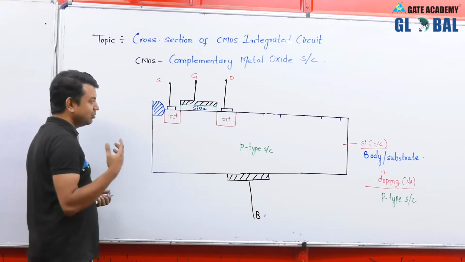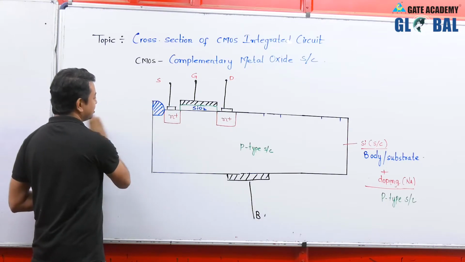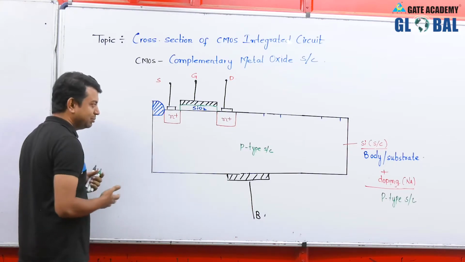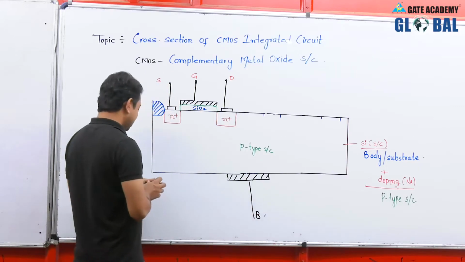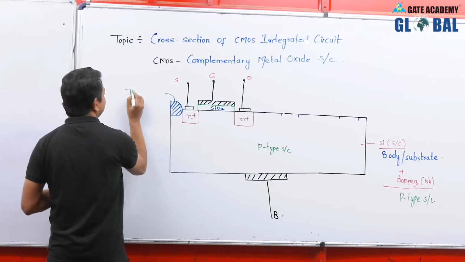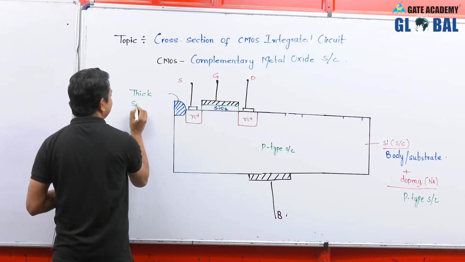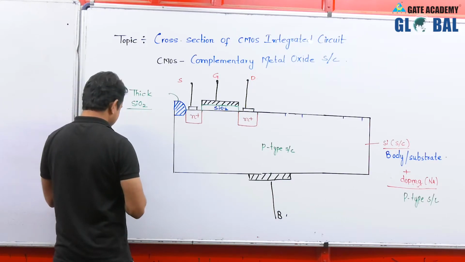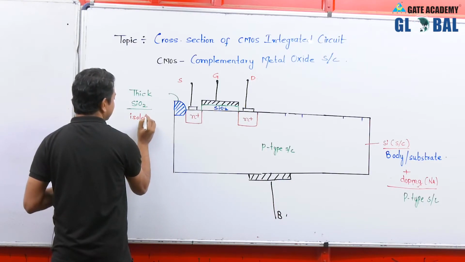So we can observe that we can use another CMOS which is very close to this CMOS, and it is implemented in practical chip design. So this is the isolation technique. In this technique, very thick silicon dioxide is used to isolate one CMOS from another. So this is for isolation.